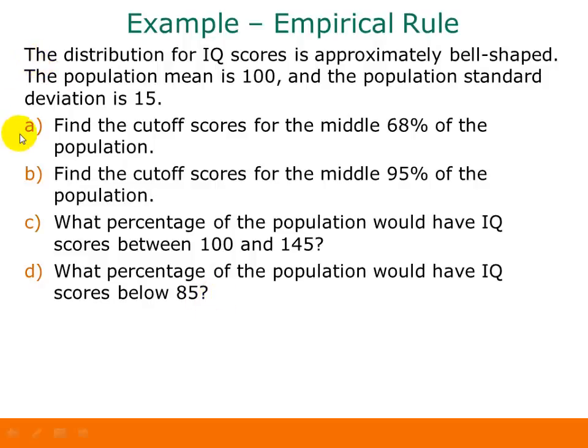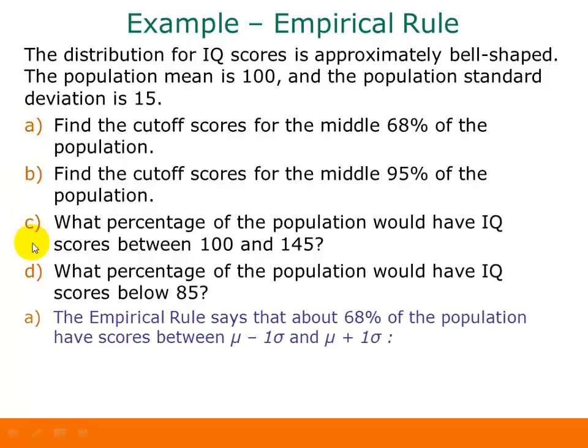First we'll find the cutoff scores for the middle 68% of the population. Since we have a distribution that's approximately bell-shaped, we can use the empirical rule. The empirical rule says that about 68% of the population have scores that are within one standard deviation of the mean.